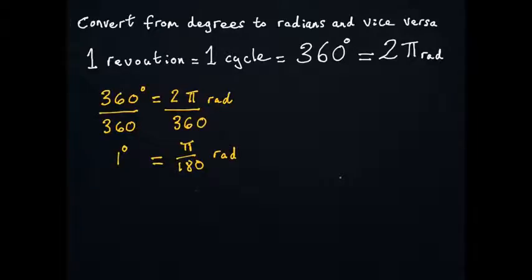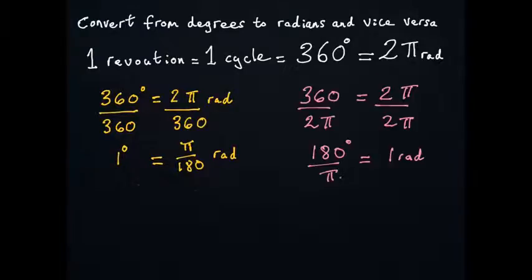Dividing both sides of this equation by 360 gives us that 1 degree equals pi over 180 radians, which is approximately 0.017 radians. Dividing the equation by 2 pi gives us that 1 radian must equal 180 over pi degrees, which is about 57.3 degrees.